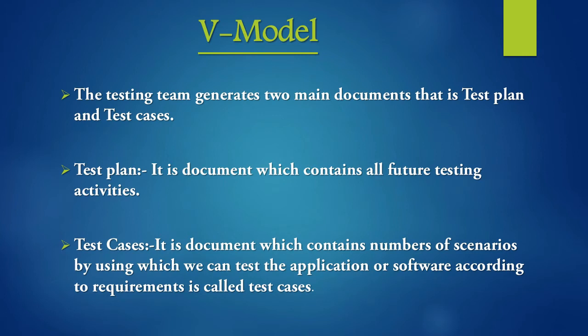So what actually is a test plan and what actually are test cases? Here we are looking at that. A test plan is a document which contains all future testing activities. Whatever we are going to test and the test methodologies we are going to use in the future, all that information is placed in the test plan.